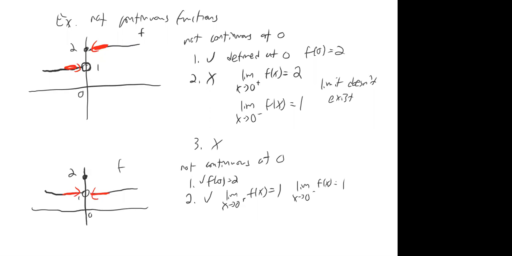So the limit exists. So the limit as x goes to 0 is 1. But the problem is it's not equal to f of 0, because f of 0 is 2. So 3 fails. So the limit exists, but it's not equal to the number we want. We want it to be the actual value of the function.